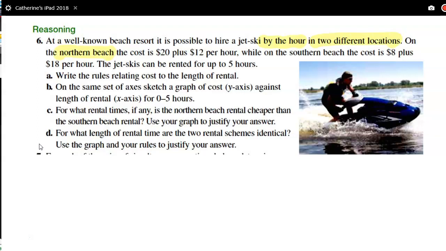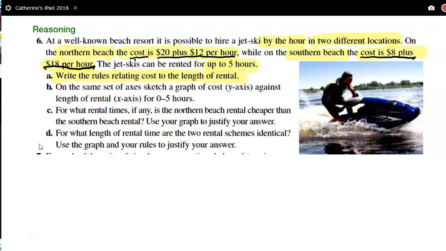On the northern beach, the cost is $20 plus $12 per hour, while on the southern beach, the cost is $8 plus $18 per hour. The jet skis can be rented for up to 5 hours. It first asks you to write the rules relating the cost to the length of rental.